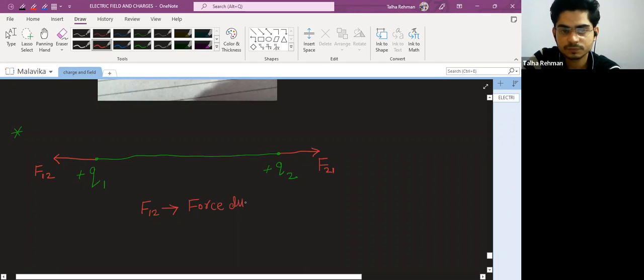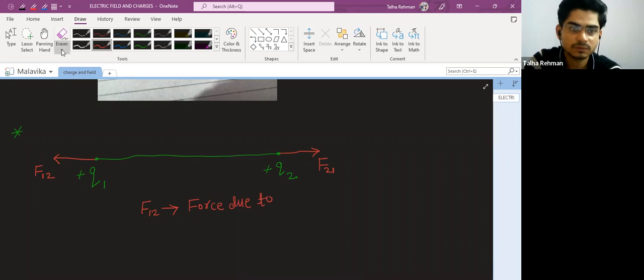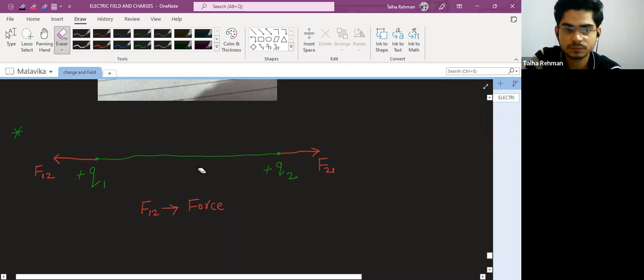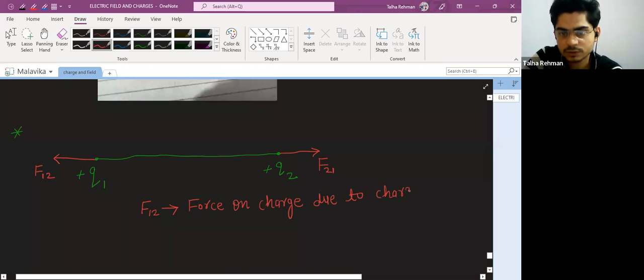You can write it like force on charge 1 due to charge 2.